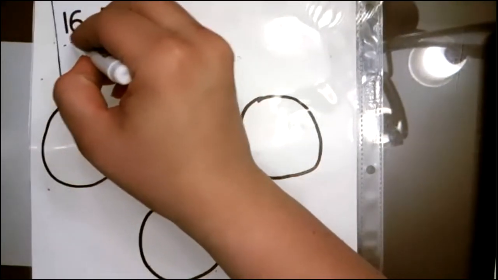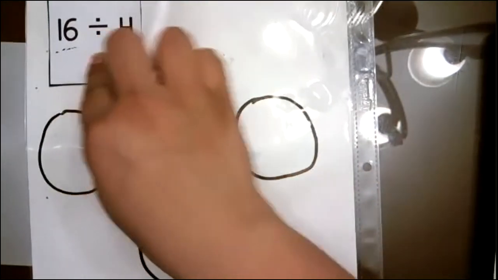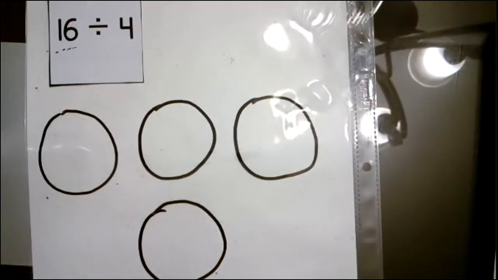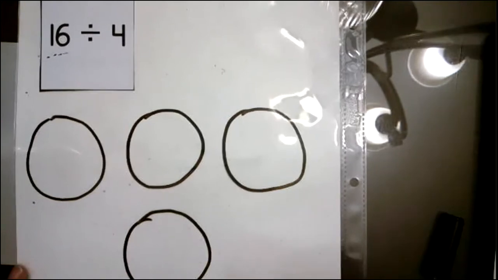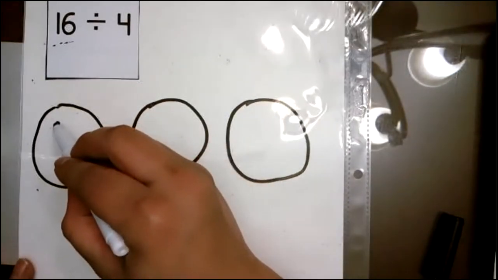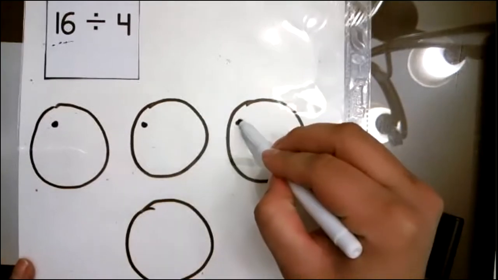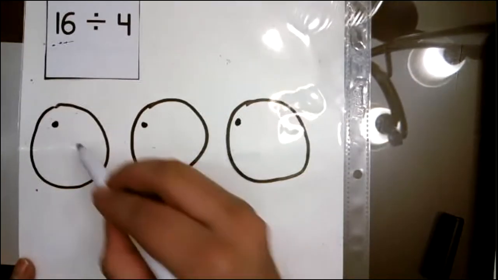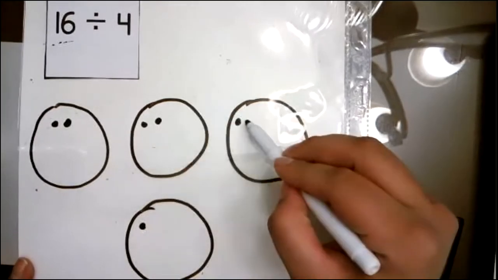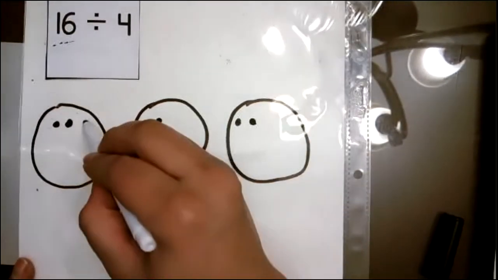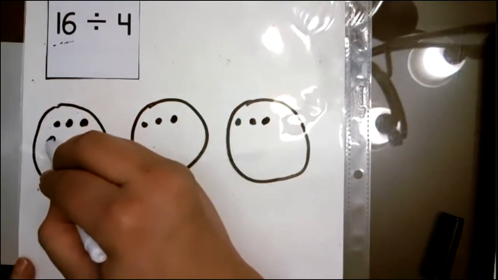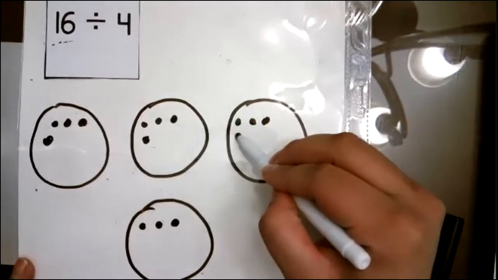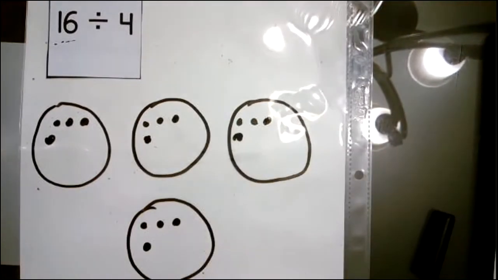Right, it is 16. Just like the problem before, I'm going to put a dot in each circle until I get to the number 16. So 1, 2, 3, 4, 5, 6, 7, 8, 9, 10, 11, 12, 13, 14, 15, and 16.